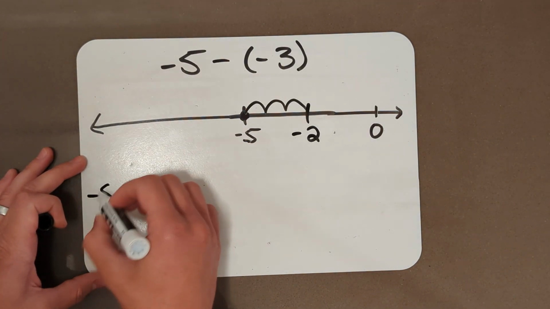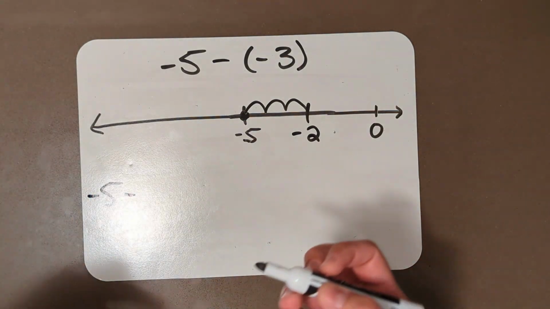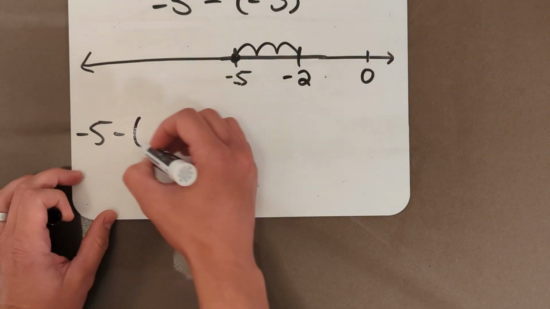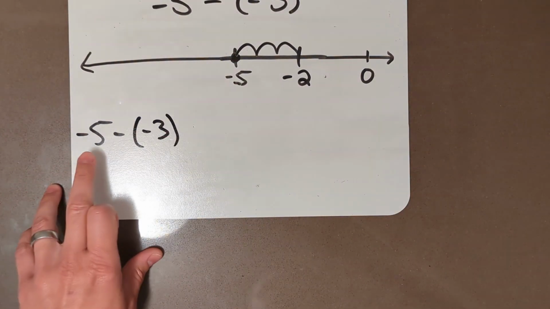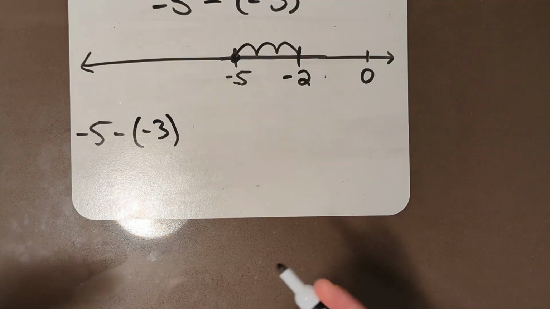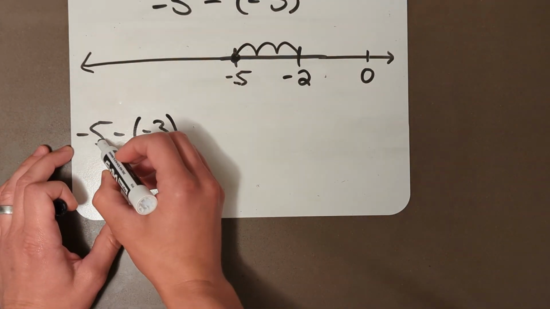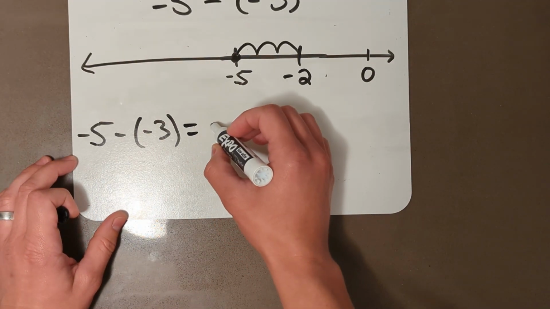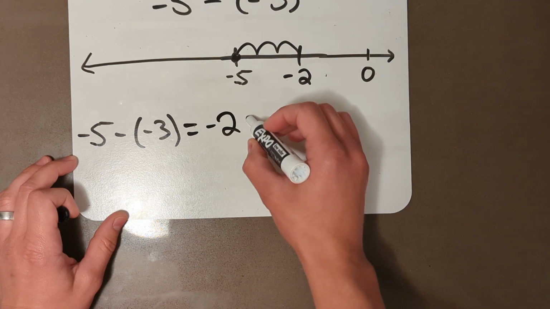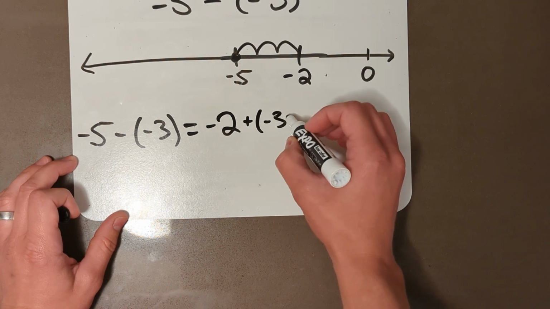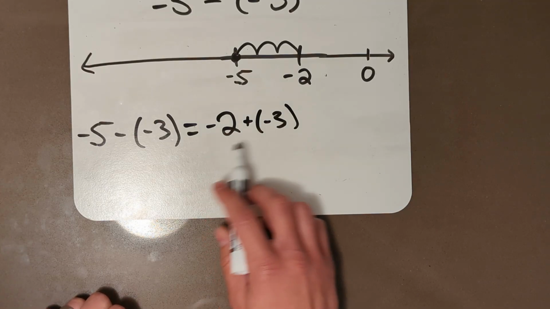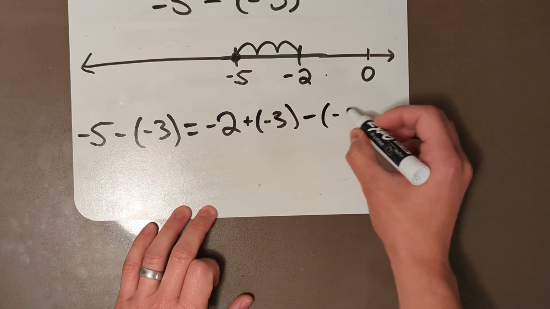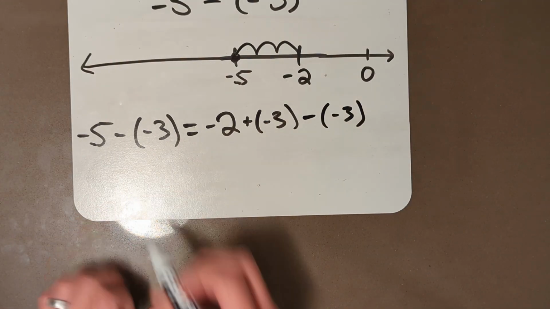Essentially what we're doing, which is especially easy to see in the concrete model, is when we're taking -5 and we're subtracting -3, we're decomposing that -5 and thinking of it as two different pieces. So we're essentially thinking of that as -2 plus -3, those two portions, and then we still have this minus -3 from the right half of the equation.